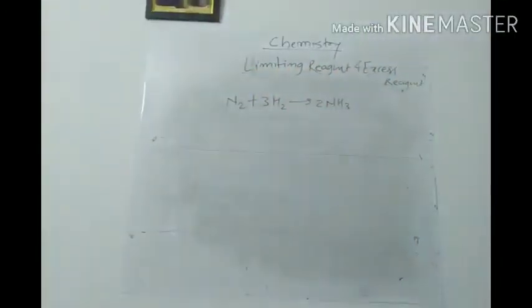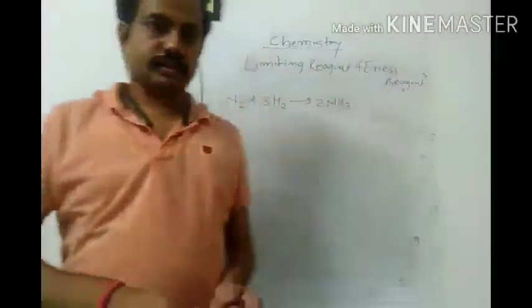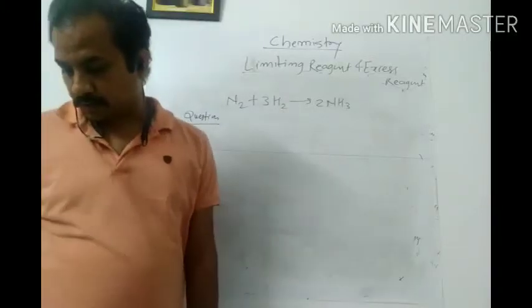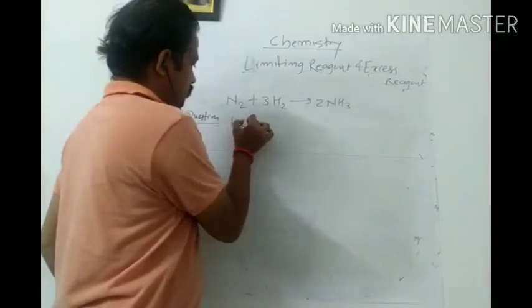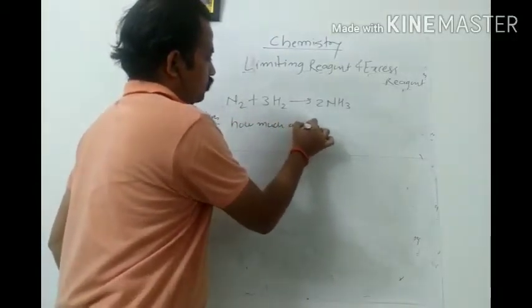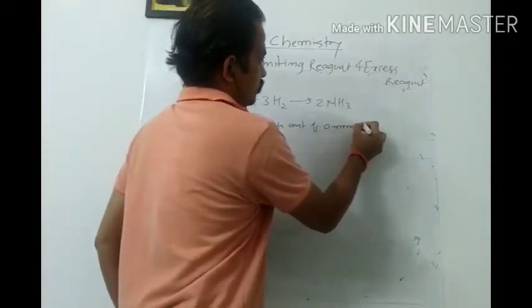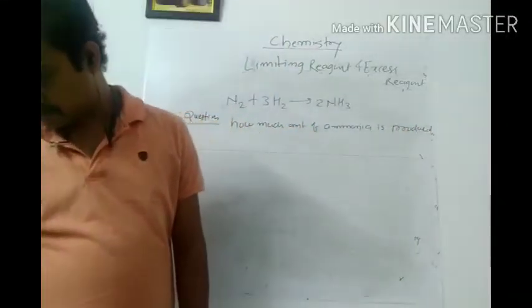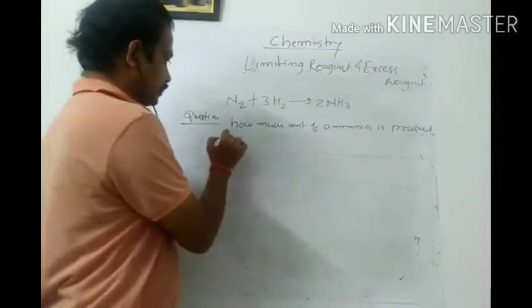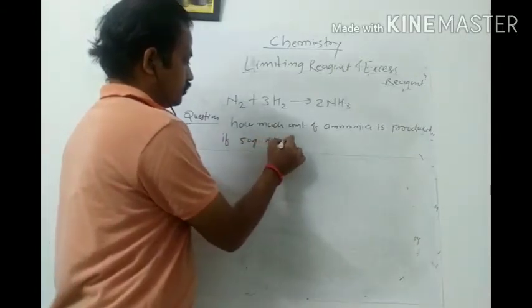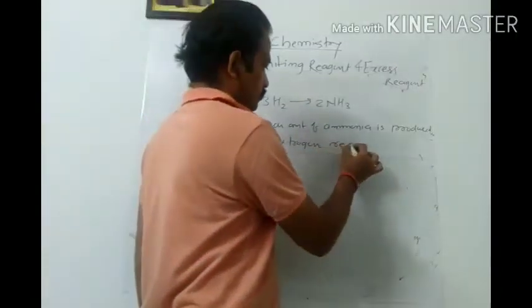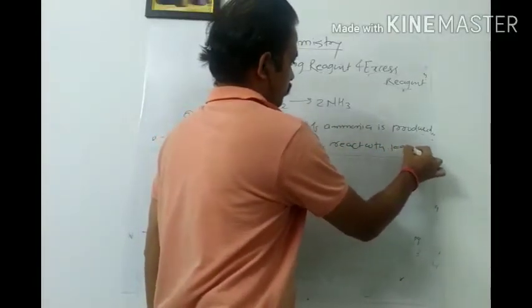In this example, the question is like this: how much amount of ammonia is produced if 50 gram of nitrogen reacts with 10 gram of hydrogen?